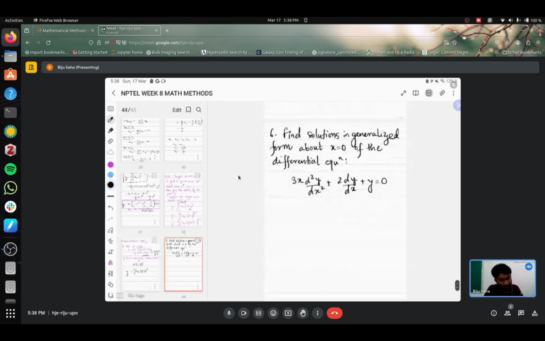So let's find the solution about x equal to 0 of this particular differential equation. The first step is to write this differential equation in standard form.